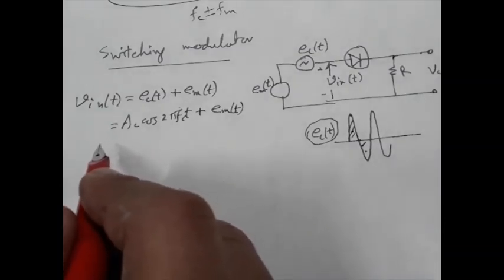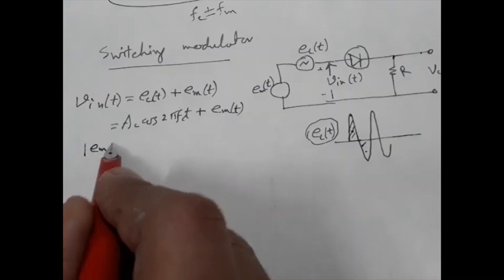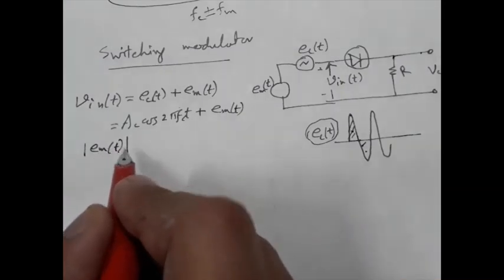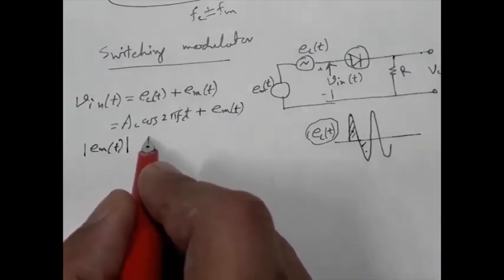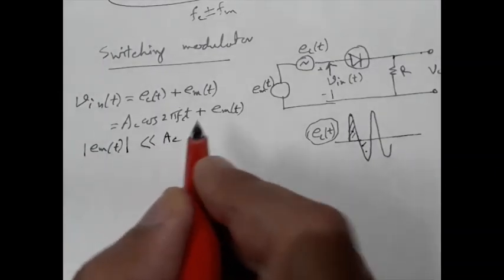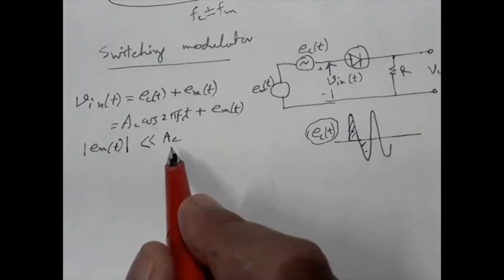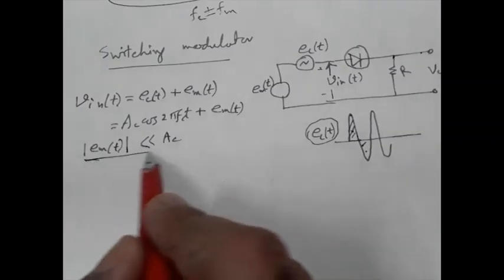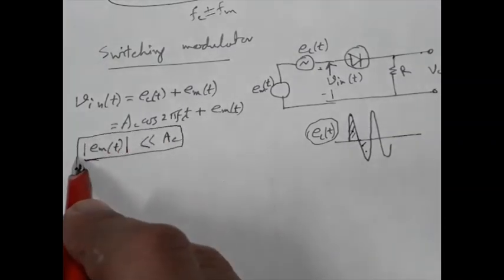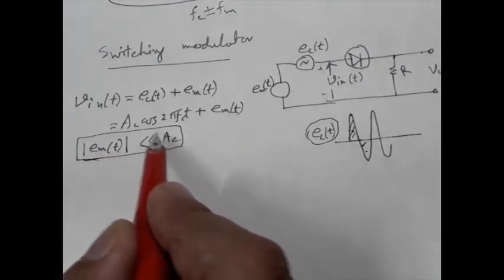Also, we have to maintain this condition for the proper operation of this whole circuit. The magnitude of the baseband signal must be less than the magnitude of the carrier.